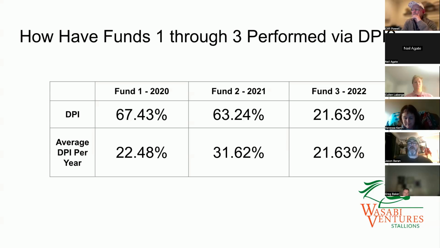Fund three has only had 1 year of chugging along, and you see it's got 21.63%. The average per year, that's just how many years it has had a chance to return, taking the average there. So 22%, 31%, 21%. Those are pretty good returns if you think about that. Once again, now that you understand what DPI is, we're pretty proud of those numbers.